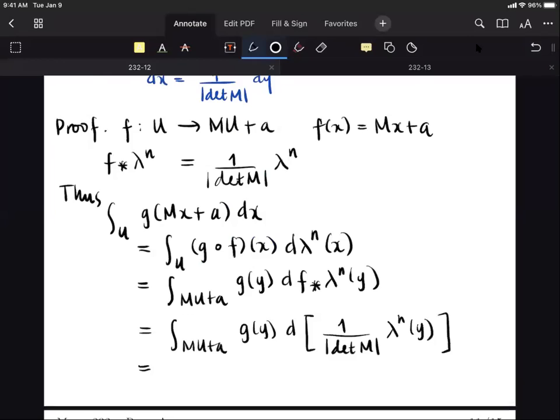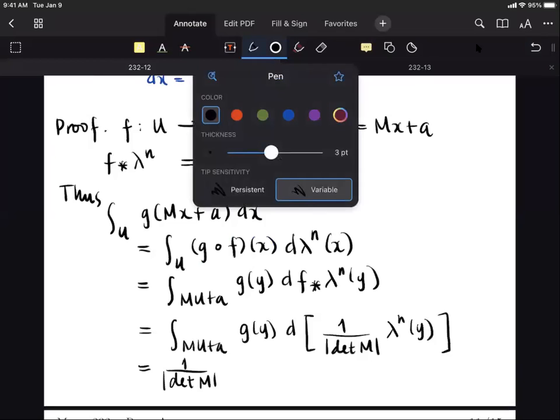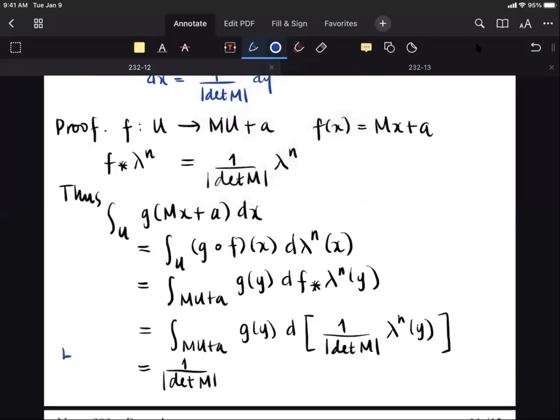And you can show that this is the same as 1 over the absolute value of the determinant. Again, you can prove this via the Lebesgue-Dubois-Reymond strategy, wherein you can factor out the non-negative constant in the case of this measure.